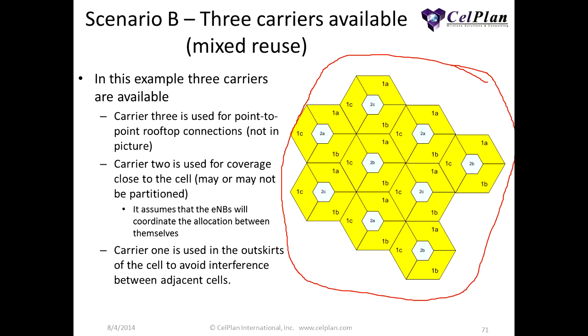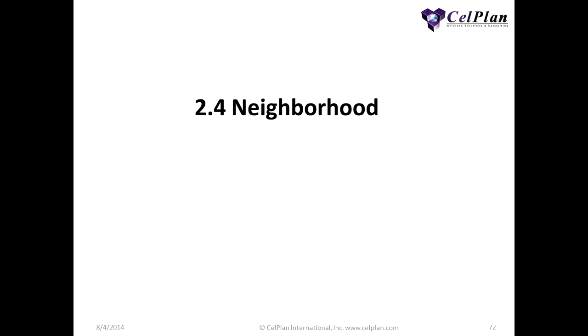Actually, this is a 2 carrier scenario where I have 1 carrier in the periphery and a different carrier in the center, and then I still have partitioning on top of it and so on. So you really have to model, and that's what we need to do.